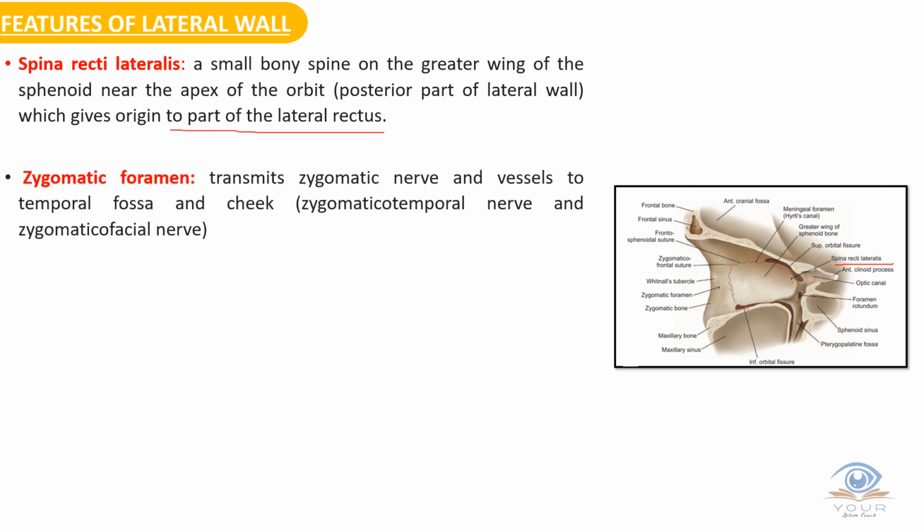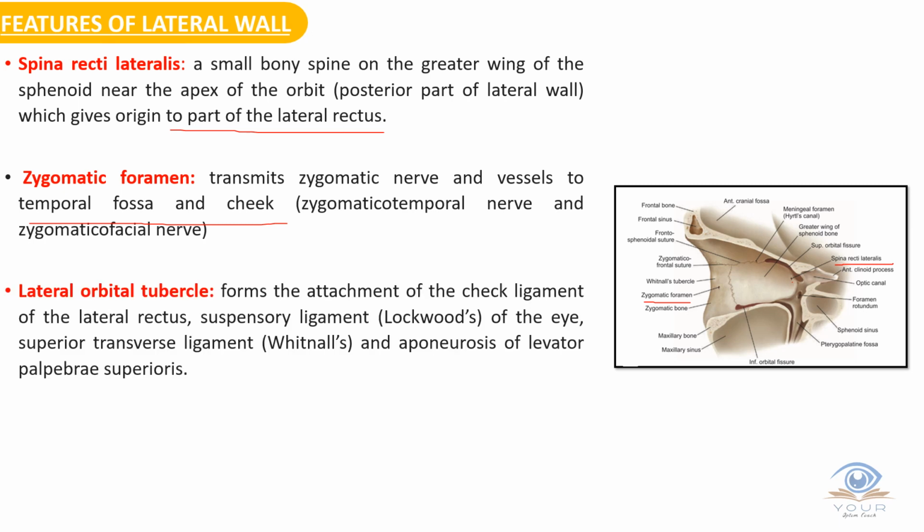Next is the zygomatic foramen, which transmits the zygomatic nerve and vessels to the temporal fossa and cheek. There are two foramens, the zygomaticotemporal and the zygomaticofacial, which we will be discussing in the next video.